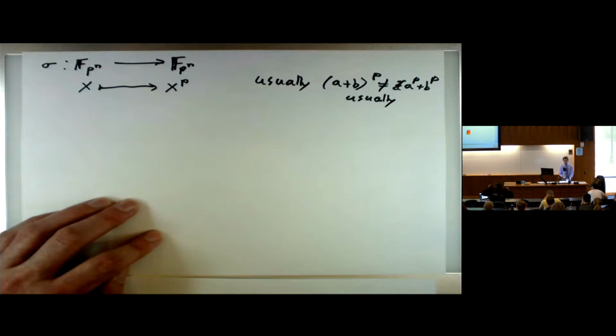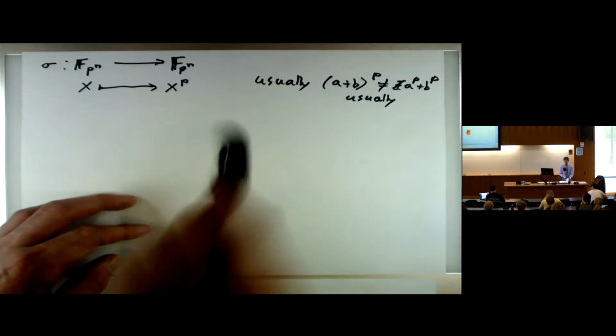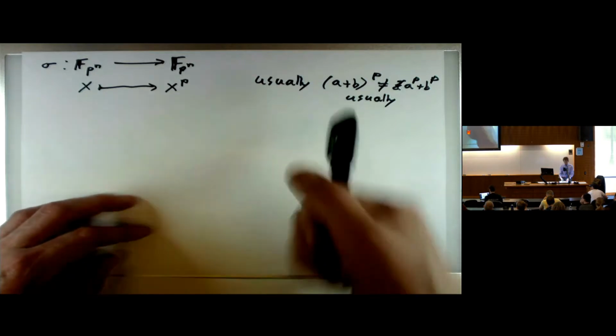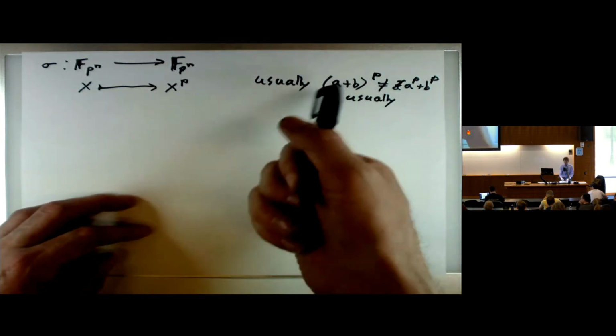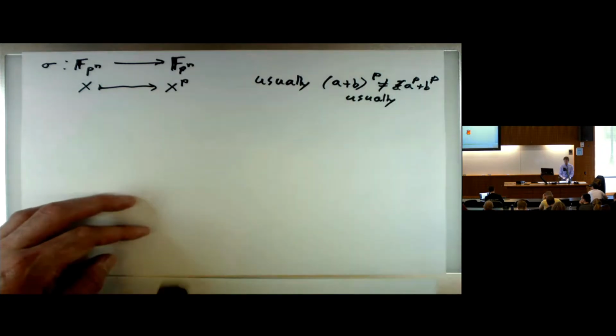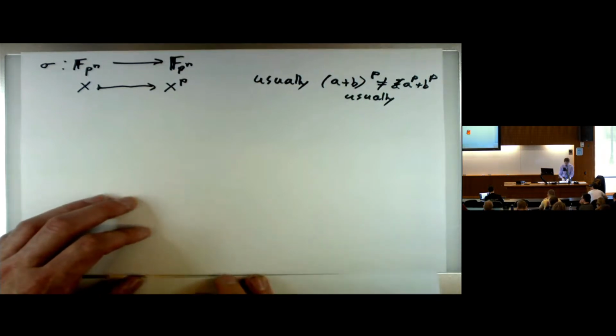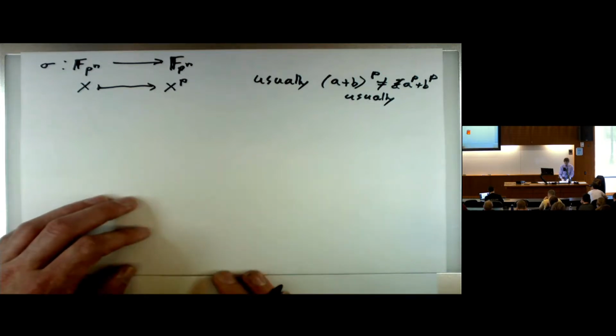Right? But we're in characteristic p, and if you were to actually apply the binomial expansion theorem to this, then all of the coefficients in between have p as a factor, which you can easily check by counting factors of factorials. And so they vanish mod p.